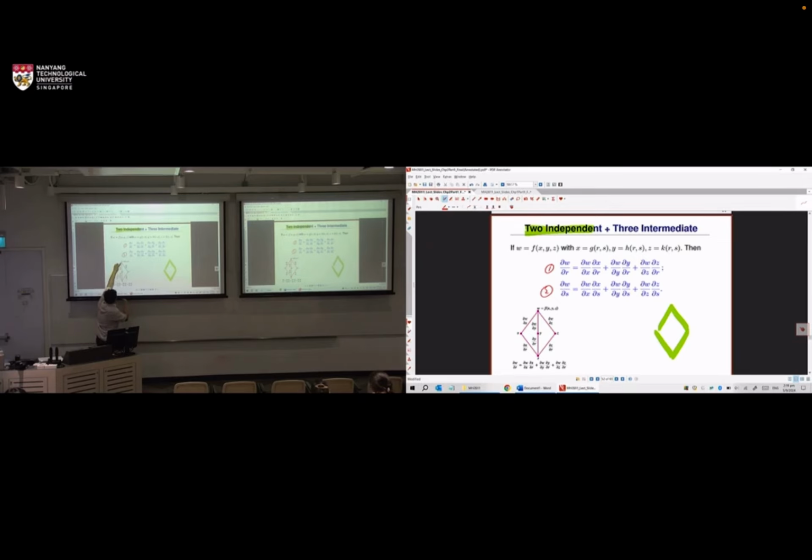Okay, so it's W to R, because here is R, S. So W to R. Your intermediates are 3, x, y, z. So you go this way, this way, this way, add them up. That's why you have this one plus this one plus this one, by following the diagram.